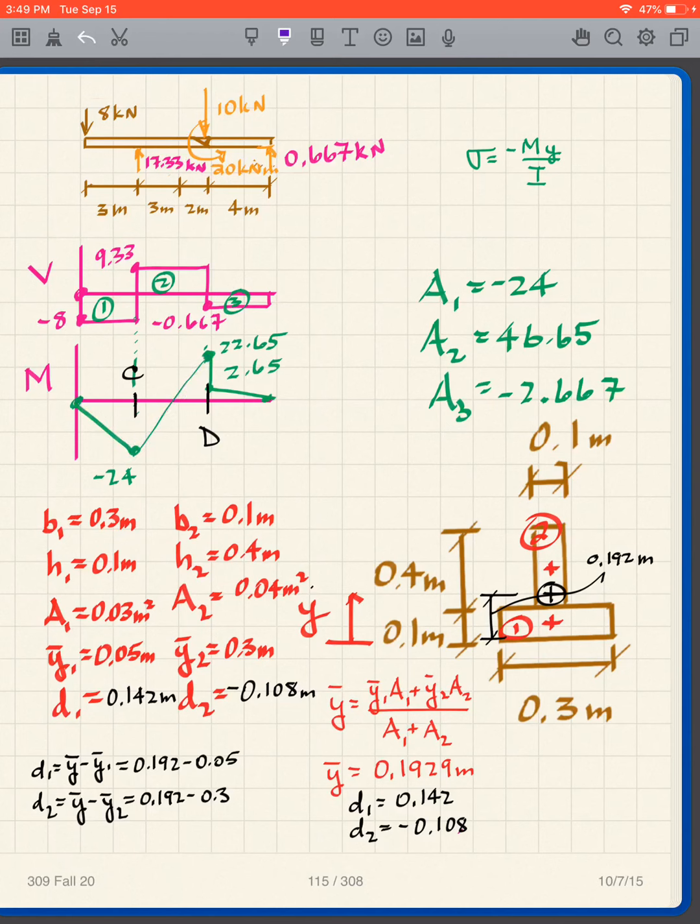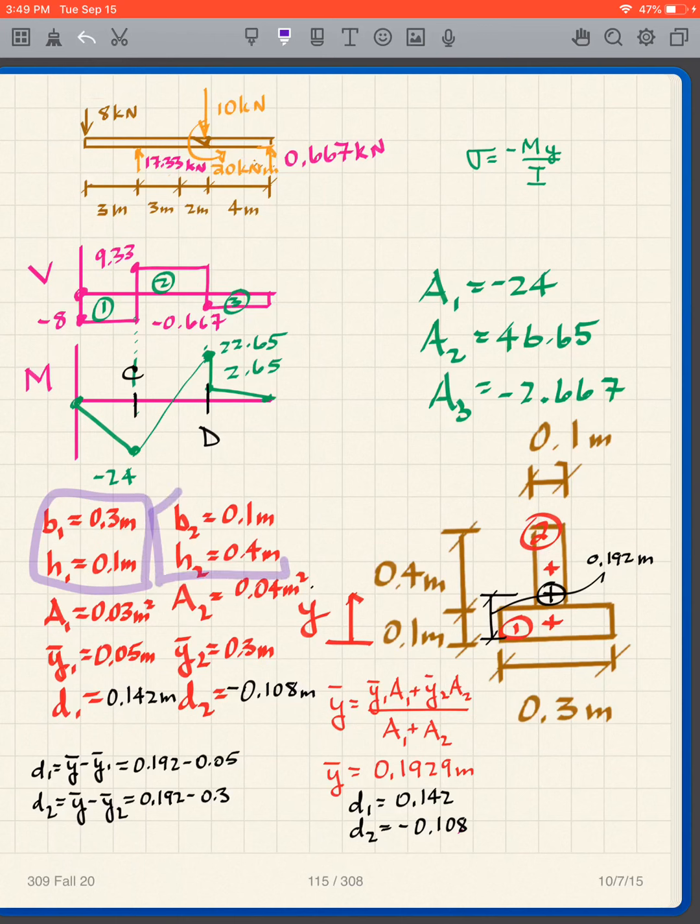I have my beam cross-section here. I have to find the moment of inertia because I'm using this expression. So what is that? I have to get the moment of inertia. To get the moment of inertia, I have to get the centroid, and then I get the moment of inertia. So I break it up into area 1, area 2. I get my B1H1.